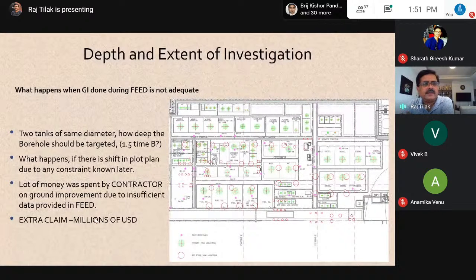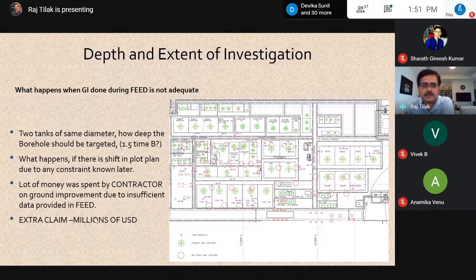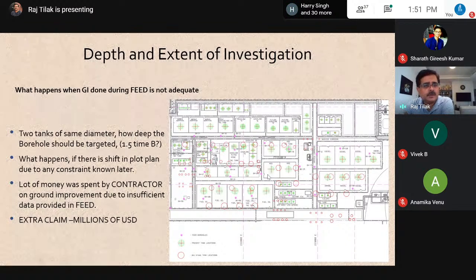What happens if the FEED GI was not adequate, as I was referring to in my initial slides, or something changed later on? Like if you look at this one, the red circles that you see are what were the tank locations in the FEED. During the FEED process itself, the GI was done based on the locations of these tanks.